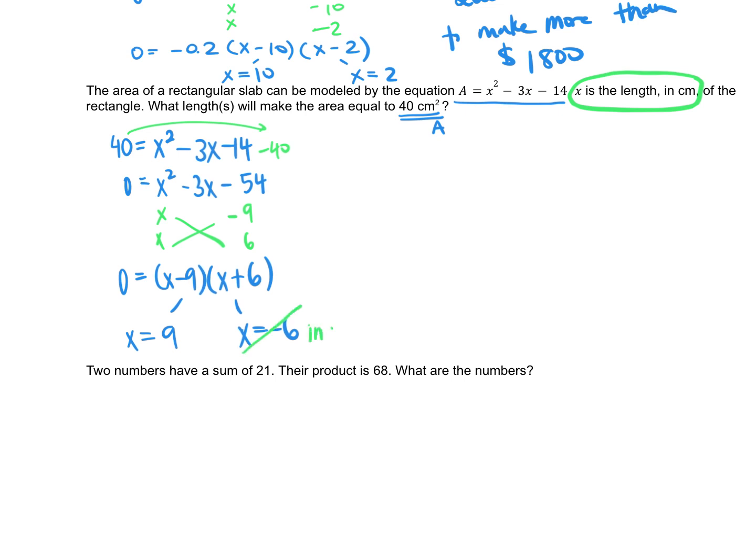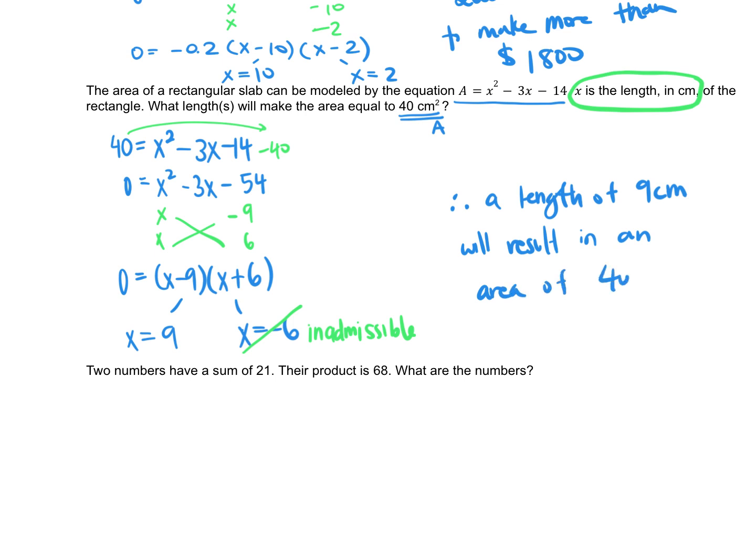So we call this inadmissible. So therefore, a length of 9 centimeters will result in an area of 40 centimeters squared.